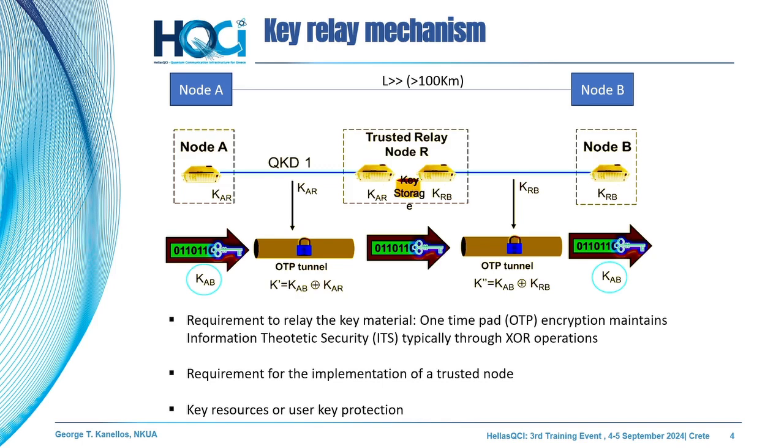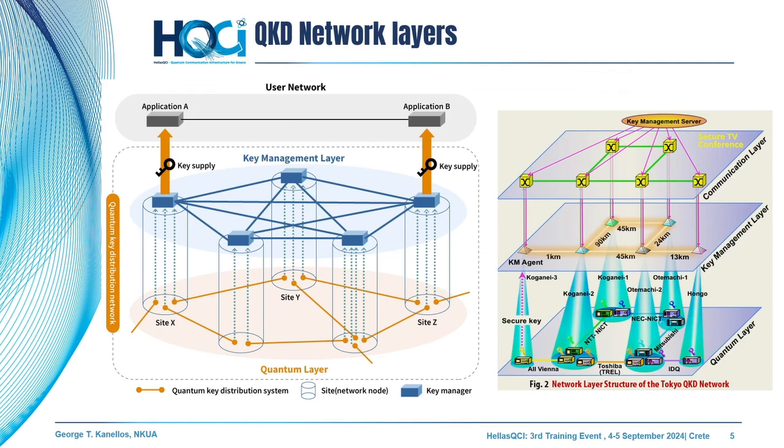So we have additional requirements on the security, on the physical security of these nodes that need to take place. Moreover, we can use a variety of key resources to use in the key protection, and I'll come back to that in a minute. So this was just to extend the reach.